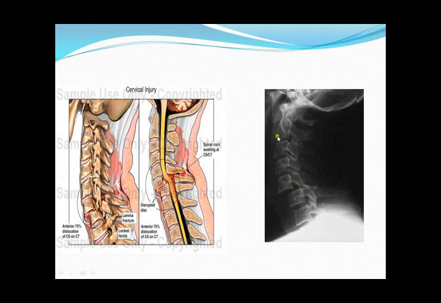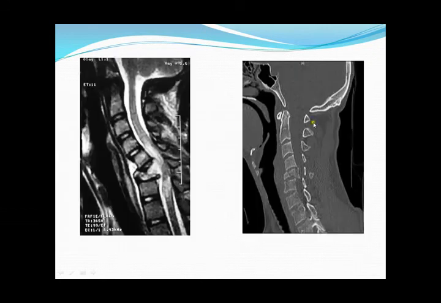The X-ray will be like this one. This is the MR of this patient, and if you look at this, these are the vertebral bodies. This black grayish structure is the spinal cord, and this is the injury. C2, 3, 4, 5, 6 slip injury, and that is compressing the spinal cord. This white area in the spinal cord is contusion and edema, and this is compression and angulation of the spinal cord, and that is seen like this on the CT scan.